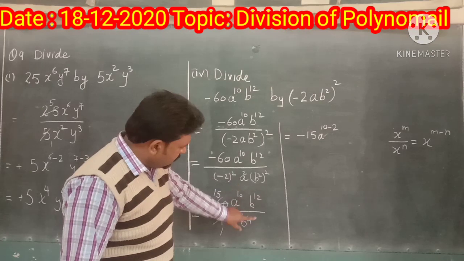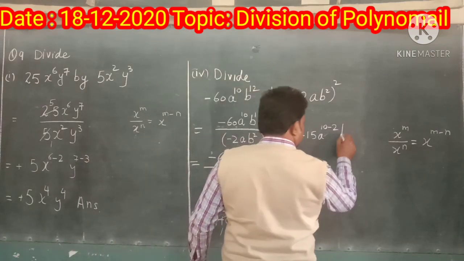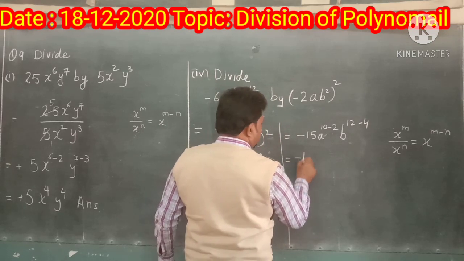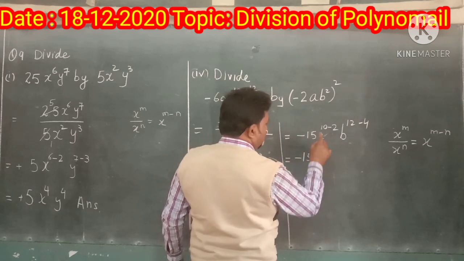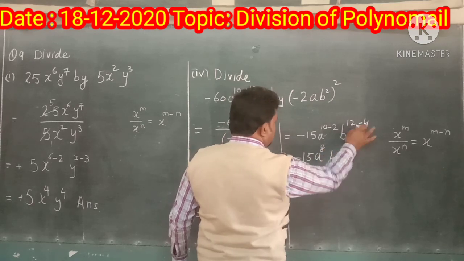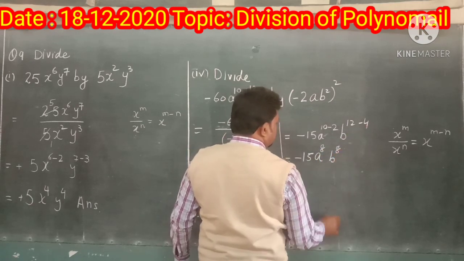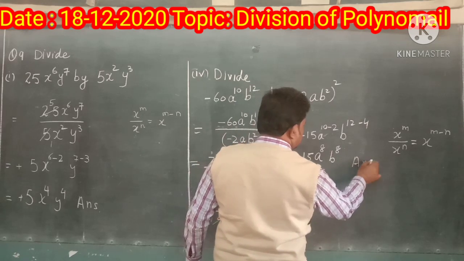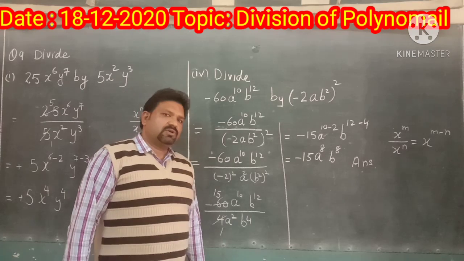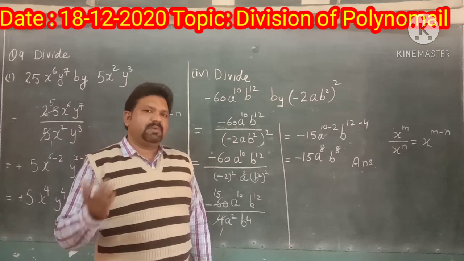So 12 minus 4. So minus 15, a power 10 minus 2 means 8, and b 12 minus 4, 8. So this is the answer. So by this method you can divide term by term.